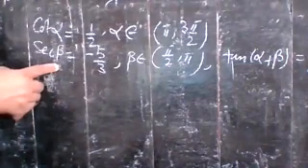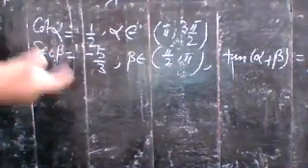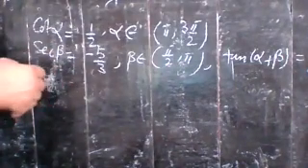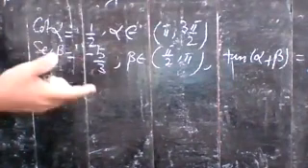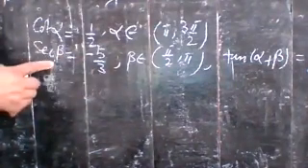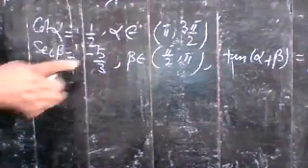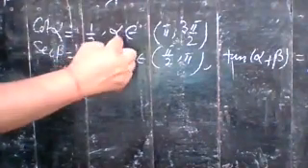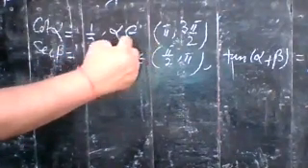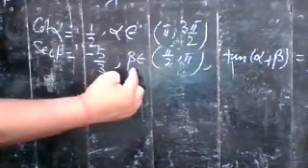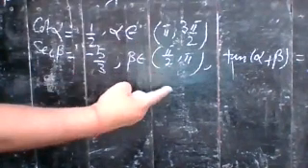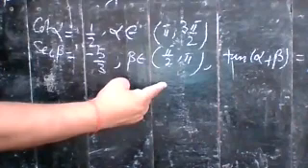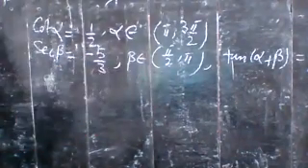Sec beta is given, so with the help of an identity, or by using the triangle method, that is your choice, you find the value of tan beta also. But here alpha belongs to the third quadrant, so tan is positive. Beta belongs to the second quadrant, so tan becomes negative.